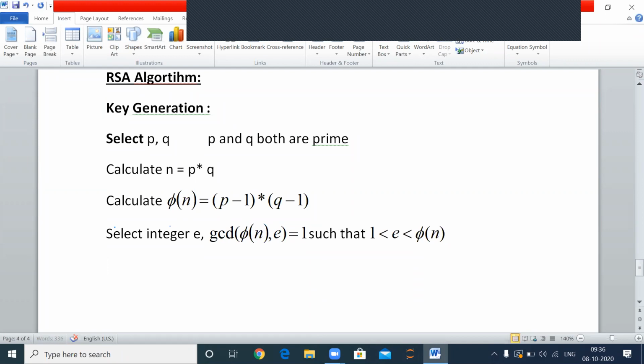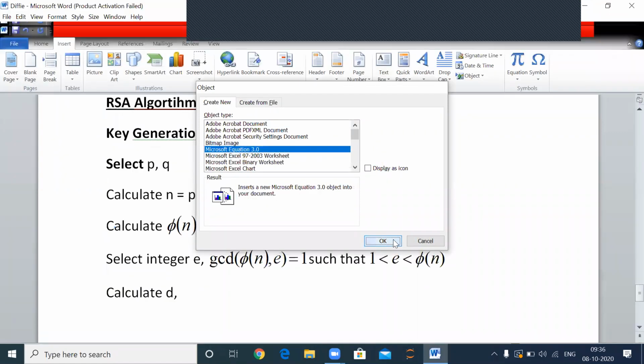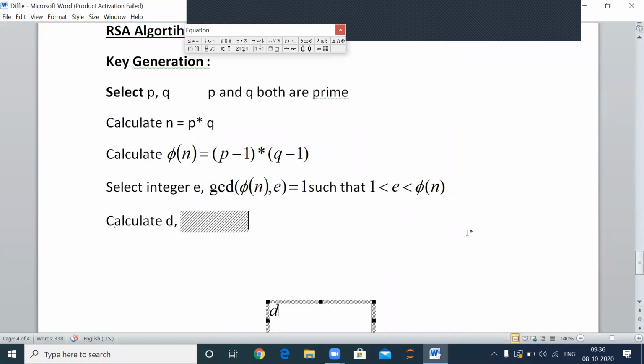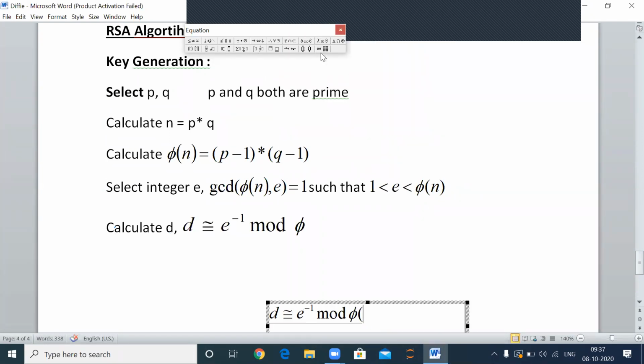After that, in the RSA algorithm, we calculate d. The d can be calculated using the formula: d is congruent to e power minus 1 mod phi of n, the remainder of phi of n.